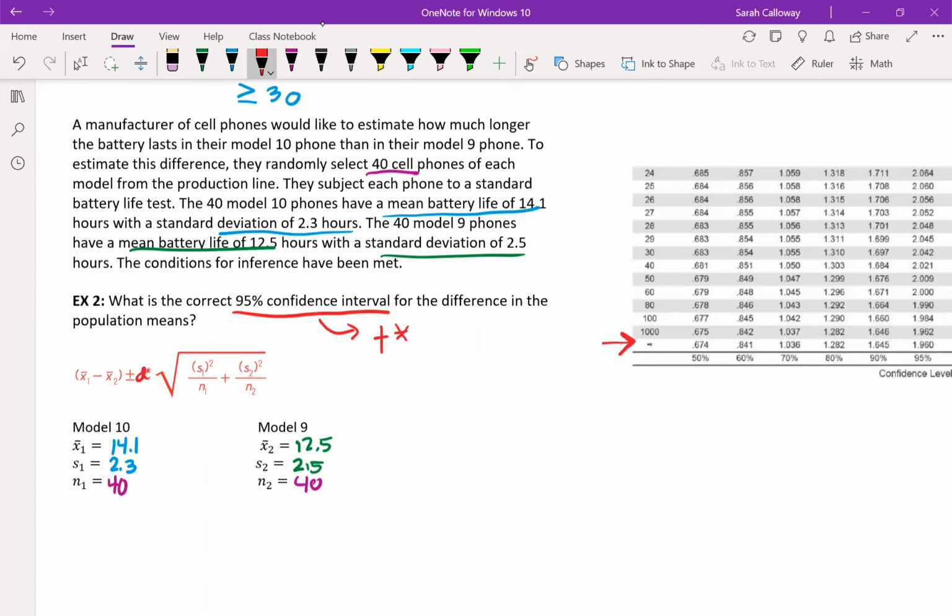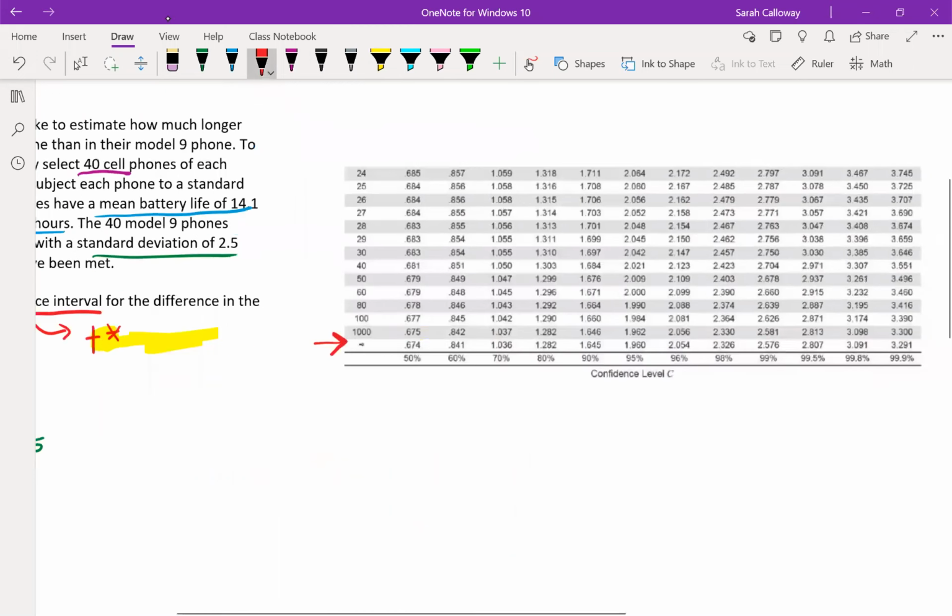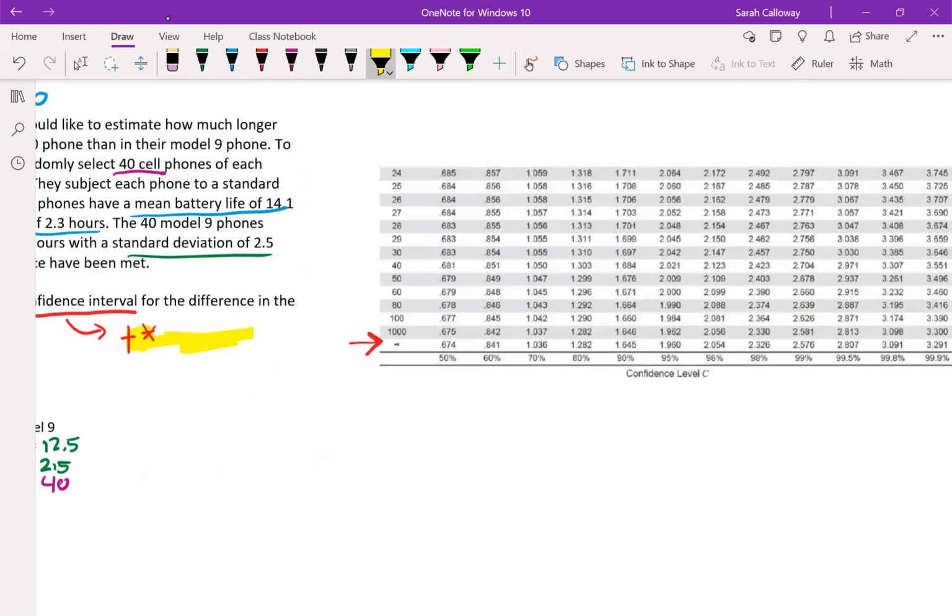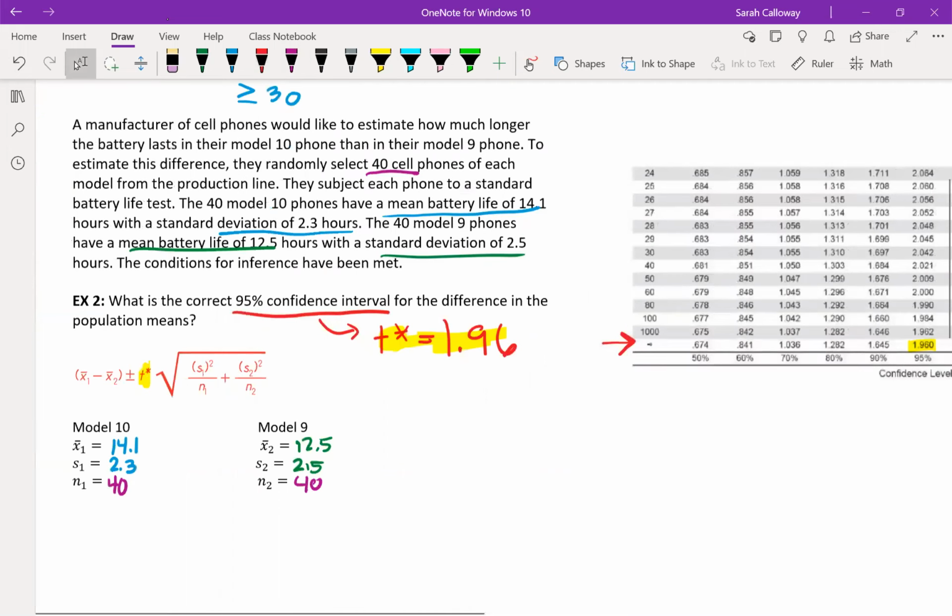We're going to get that value from the t table using the infinite degrees of freedom at 95%, which is 1.960. Remember that we're usually going to round to 2 decimal places for a value like this. So 1.96 is that value for t star.